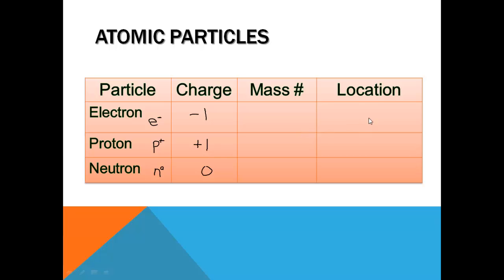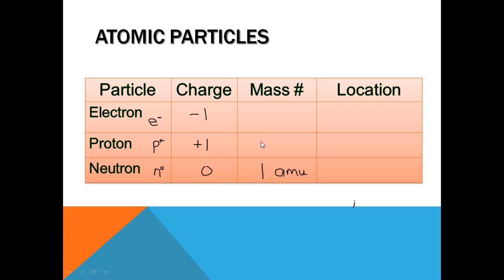When we talk about the mass of these particles, they're very, very tiny masses, and they're so little that we assign them special units. For the neutron, we say that the neutron has a mass of 1 AMU. AMU is atomic mass unit.